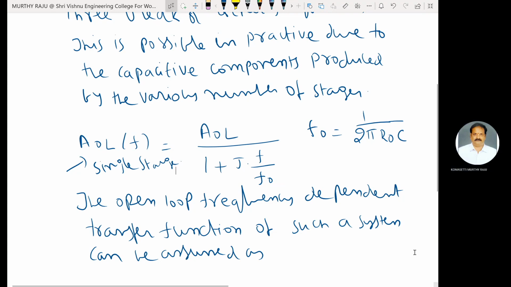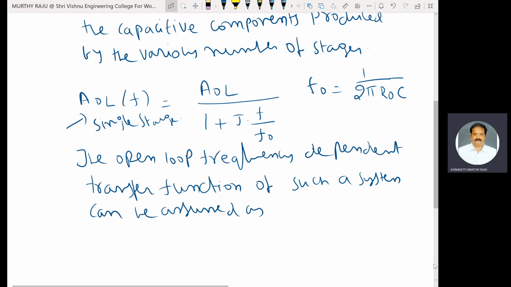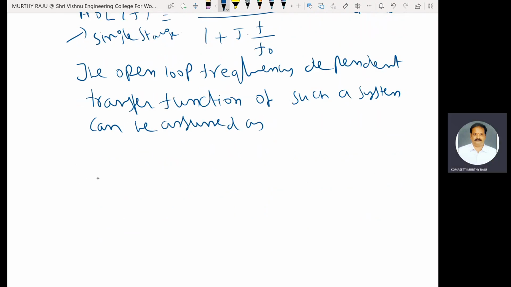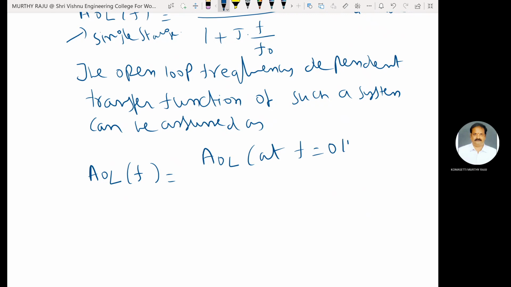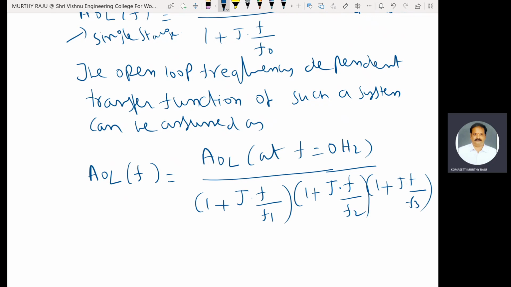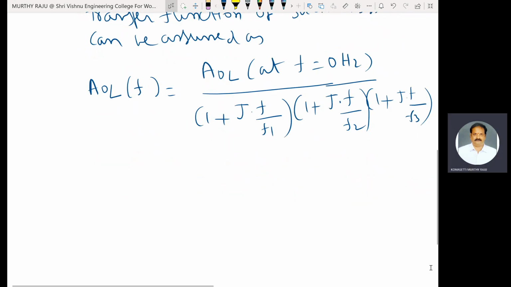For 3 stages, the open loop gain function of that op-amp as a function of frequency is AOL of f equal to AOL, the open loop gain of that Opamp at 0 Hz frequency, divided by 1 plus j into f by f1, 1 plus j into f by f2, 1 plus j into f by f3. f1, f2 and f3 are the three break frequencies of the three stages.